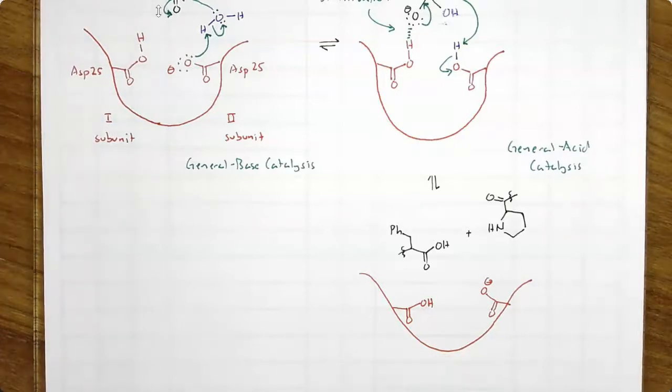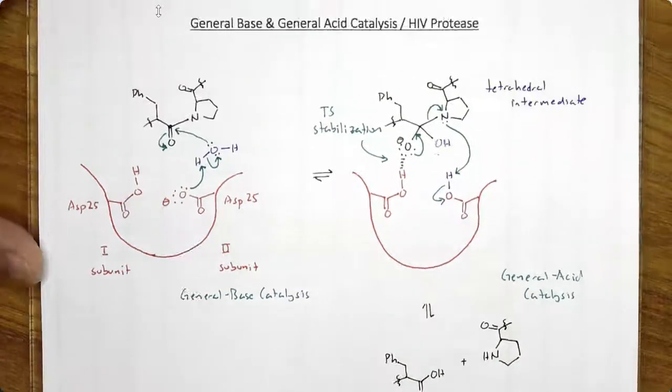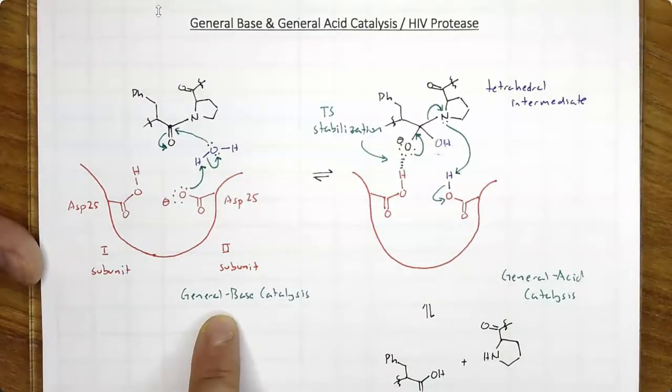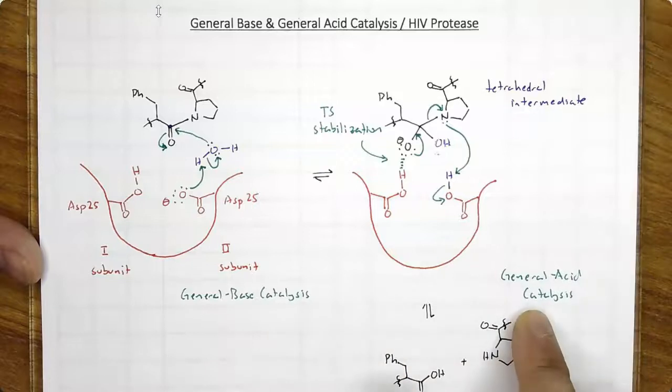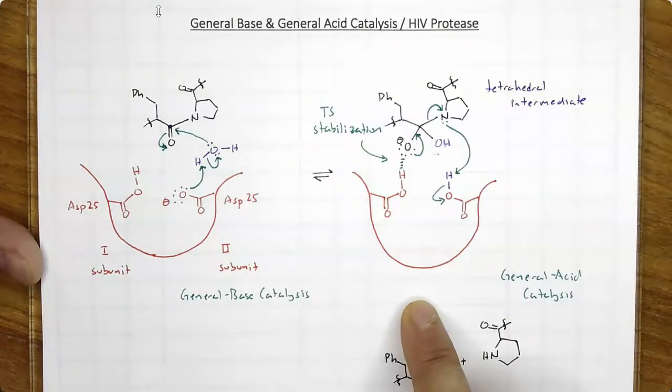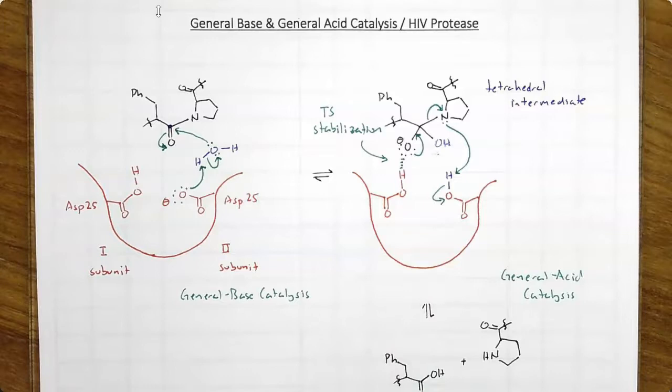What was important here is that we know what general base catalysis and what general acid catalysis looks like. And in the previous video, we made it a point to say that enzymes bind the transition states best.